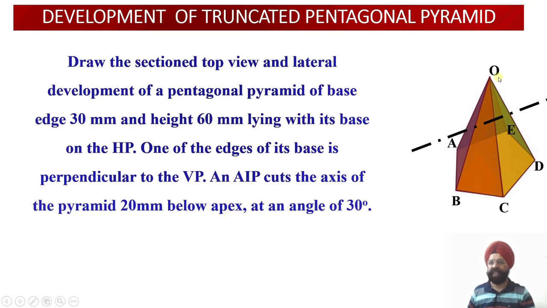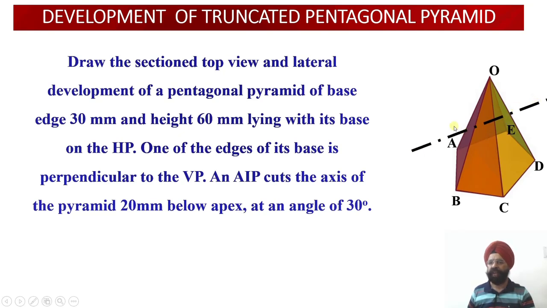So this is the apex point O. Here will be my point O1 of the axis. So this axis is going to be pierced by this cutting plane at a point which will be 20 millimeter below the apex or the vertex, and the angle of inclination of this cutting plane is 30 degree with respect to the horizontal plane.